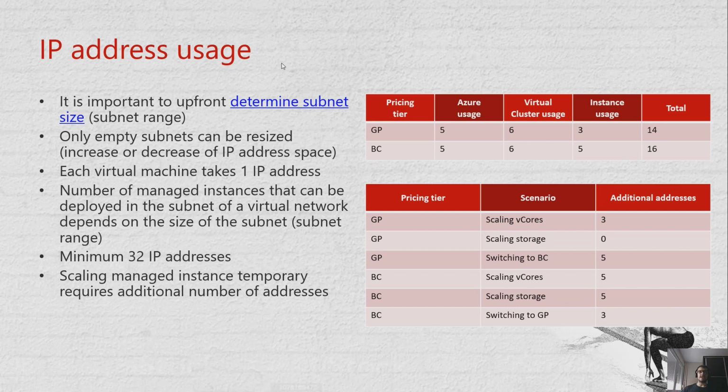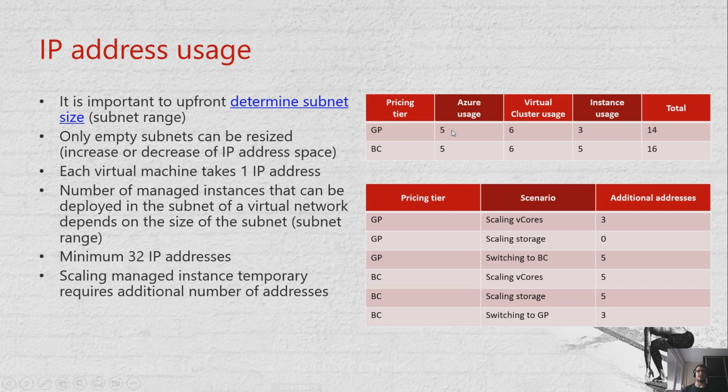Why? Because only empty subnets can be resized. And if you come to the limit of the subnet, you need to take some additional actions. Each virtual machine inside the subnet takes one IP address. The number of managed instances that can be deployed in the subnet or virtual network depends on the size. And this is a basic formula that represents how many IP addresses a general purpose and business critical instance takes.